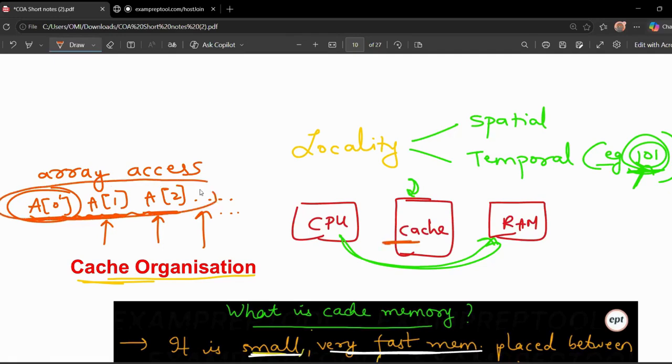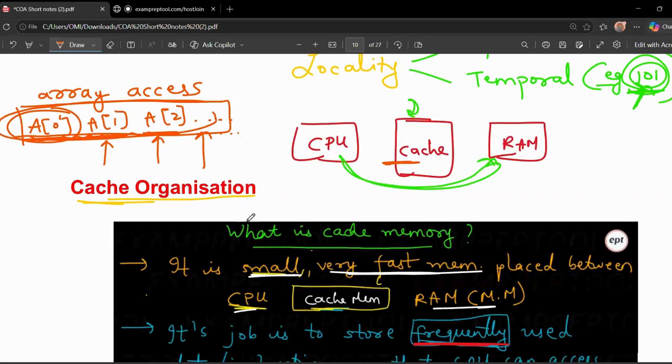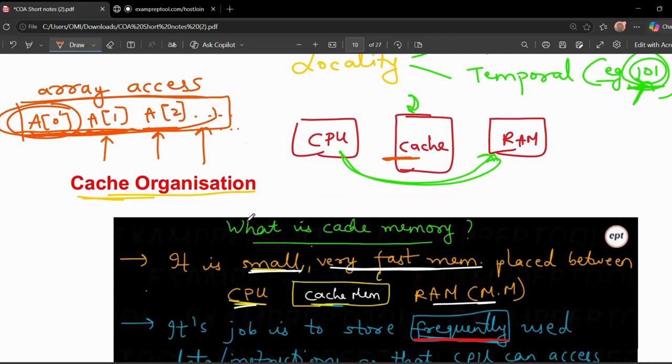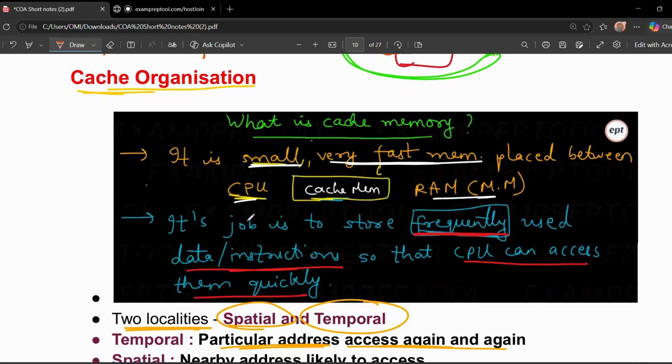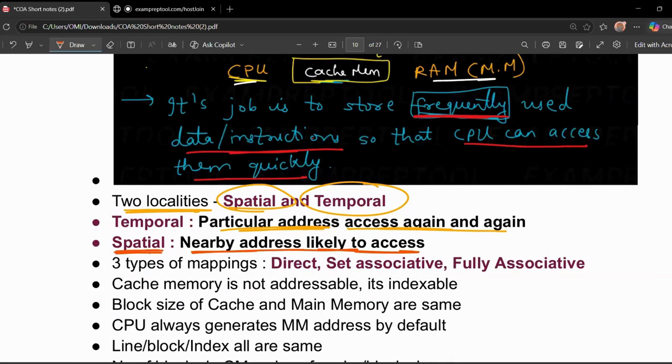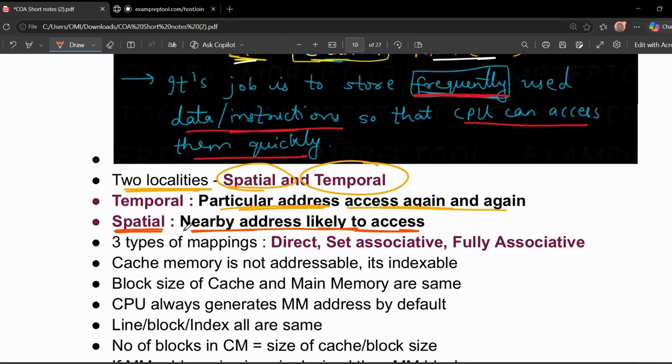It is based on the block size, basically, how many elements you can put in a block. That is your spatial locality. Nearby addresses are likely to be accessed, and likely means in the future.